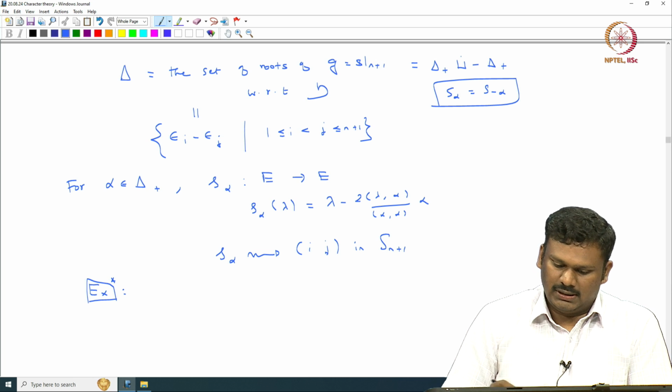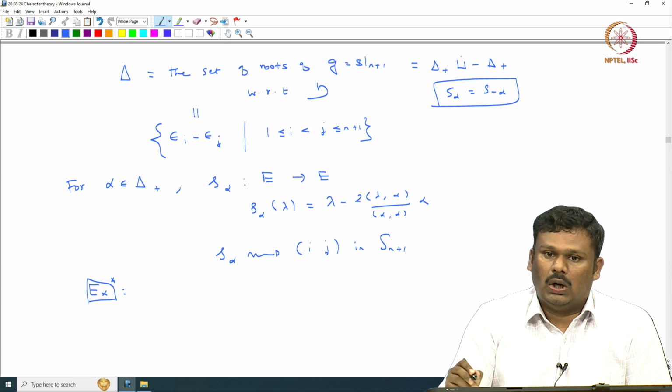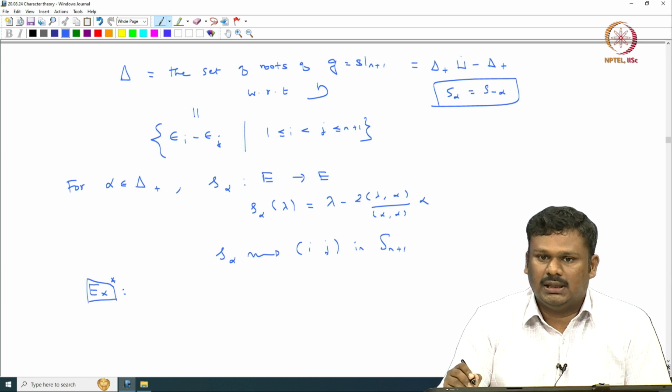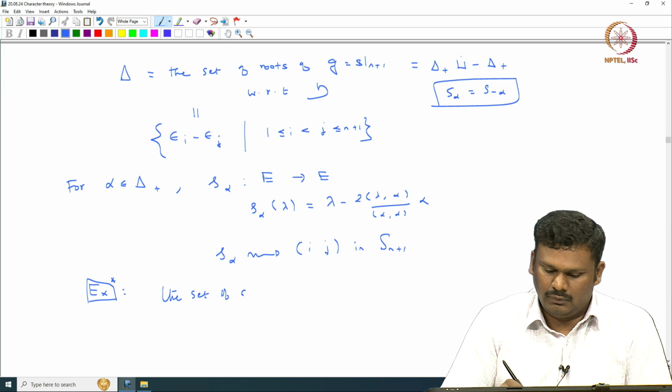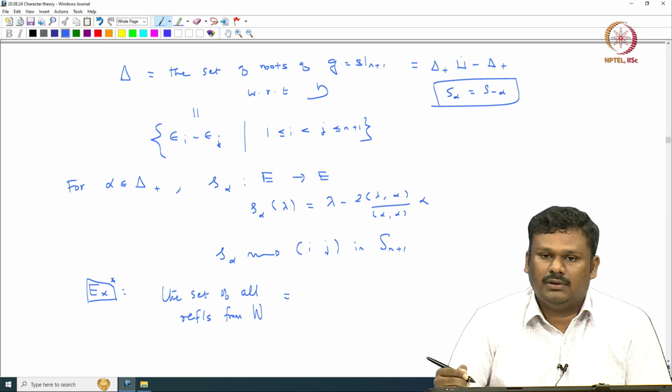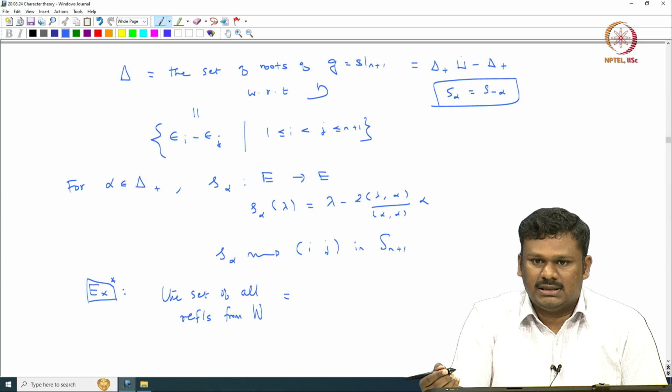So, this actually says if you consider all possible reflections in the reflection subgroup W, the set of all reflections from W, this is something we can actually talk about, because W is generated by the reflections s_i.